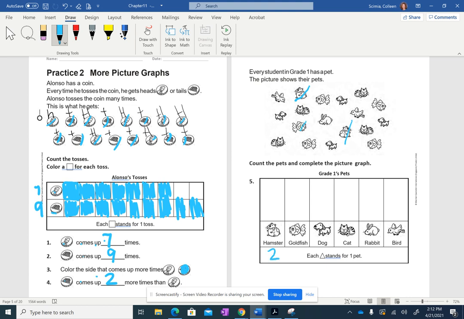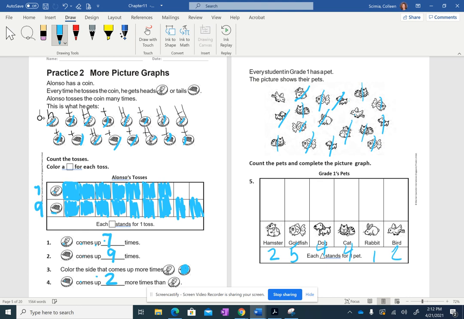Let's count the goldfish. 1, 2, 3, 4, 5. Let's count the dogs. 1, 2, 3, 4. The cats. 1, 2, 3, 4. Rabbits. I only see 1 rabbit and 2 birds.